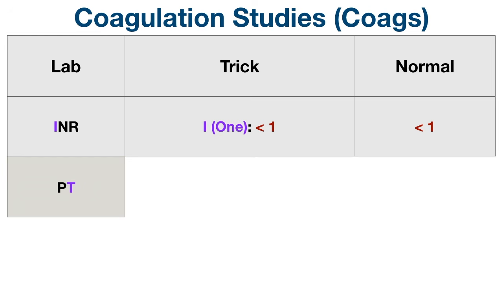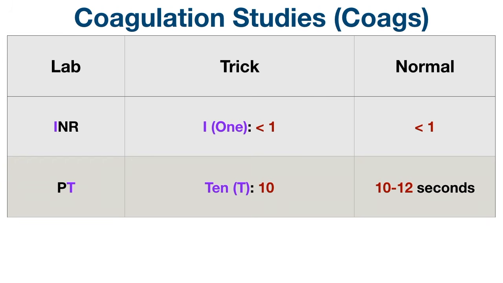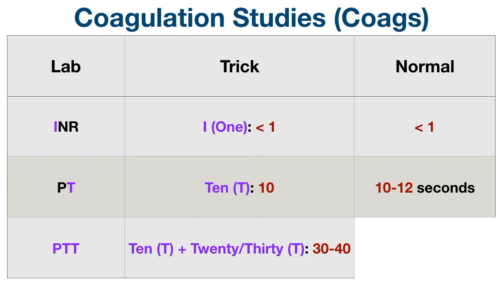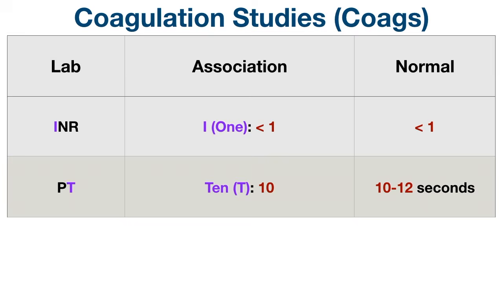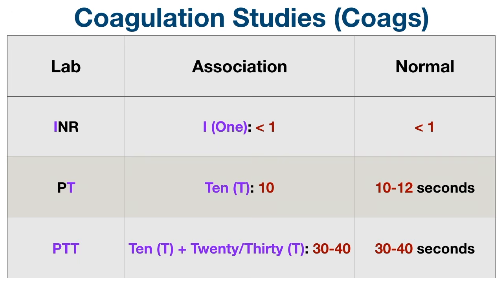Beginning with the PT, you can use the single T to stand for 10, which will help you remember the normal range of 10 to 12 seconds. For PTT, you can use the double T to remember 10 plus 20 or 30, which will give you the normal range of 30 to 40 seconds when you add them up. So the word associations here are INR and 1, PT and 10, and PTT and 10 plus 20 or 30.